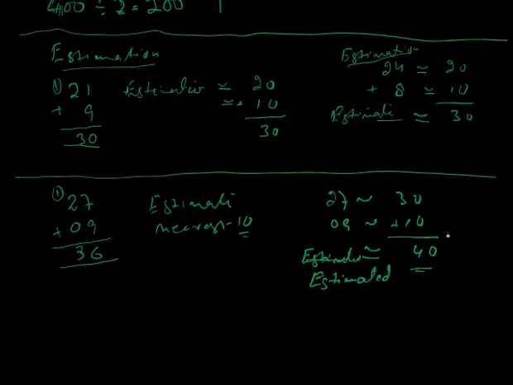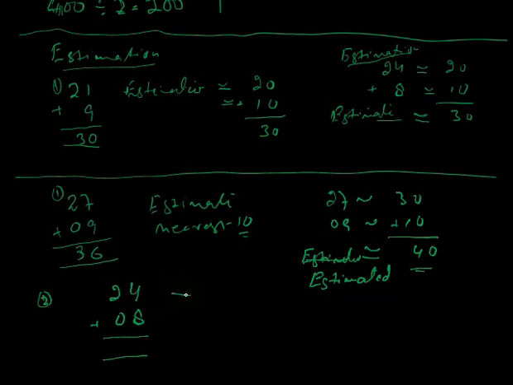Estimated or estimation. So similarly, I am going to give you one more question to see how much you have got it. So there is a question like 24 and say 8 is here. So we have to add it. So do it yourself by just adding it and by estimation.